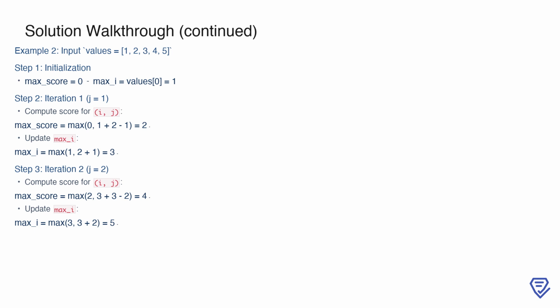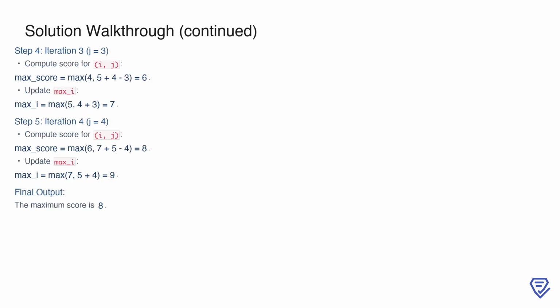In the third iteration, where j equals 3, we compute the score for the pair (i, j). The formula gives max_score = max(4, 5 + 4 - 3), which evaluates to 6. At this point, max_score is updated to 6. We then calculate max_i as max(5, 4 + 3), resulting in a new max_i value of 7.